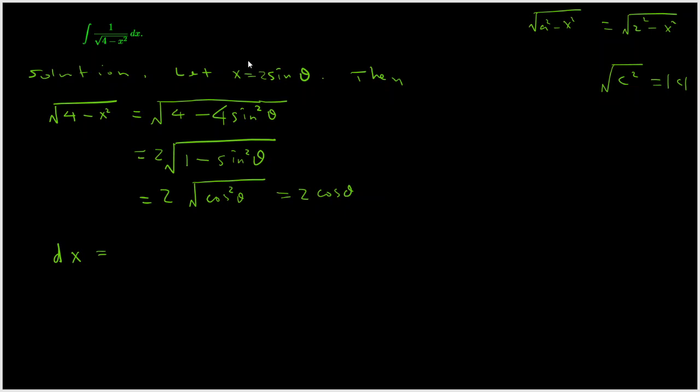The relation between x and theta is here. To compute dx, you do the differential. Don't be confused about the derivative and the antiderivative. Here we need the derivative of the function. So we have 2 times the derivative of sine of theta, which is cos of theta.